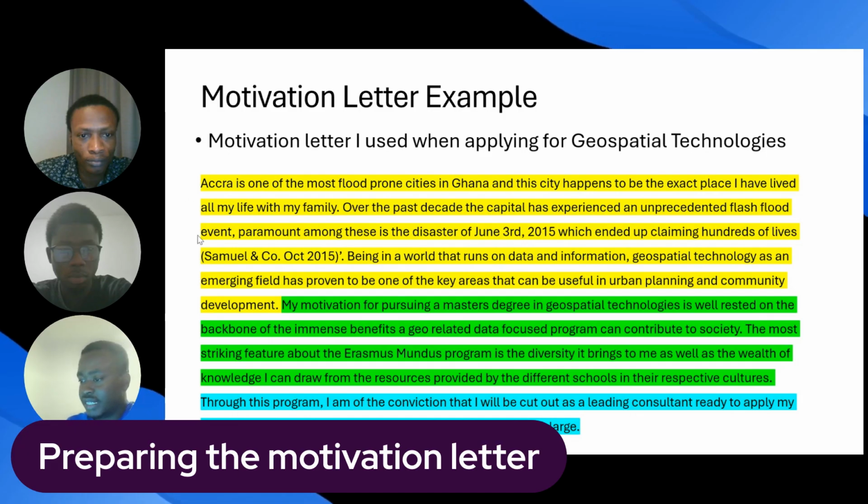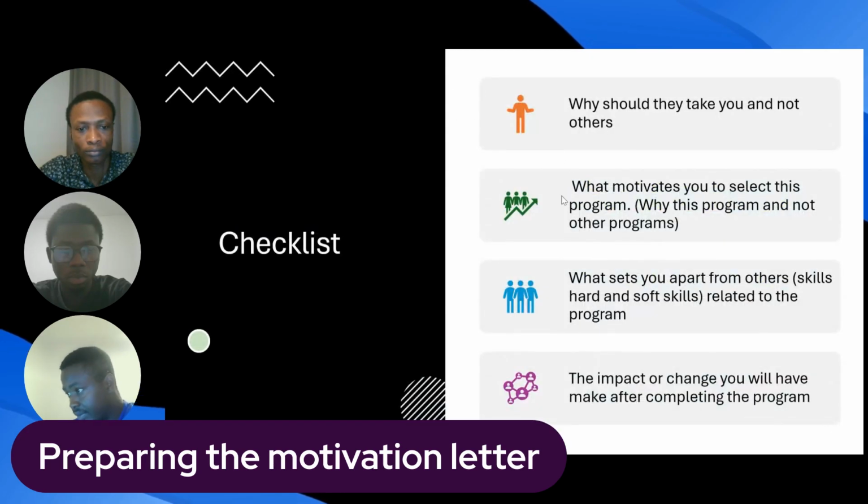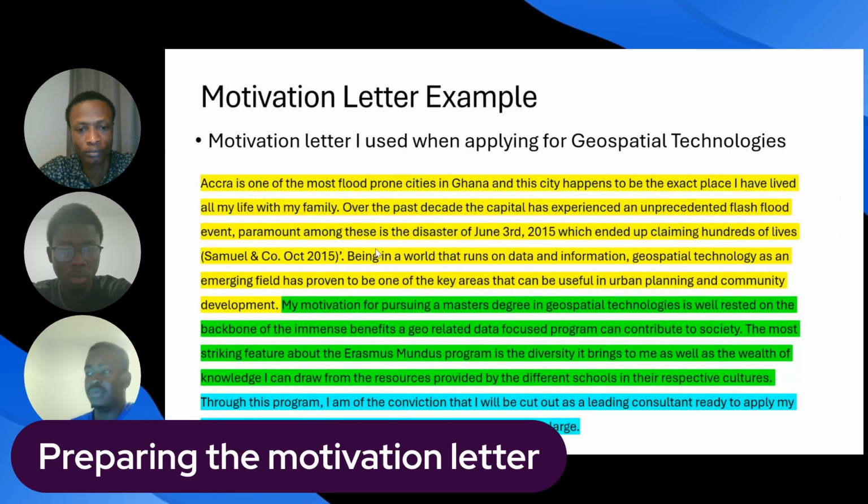So you see, I first stated the problem, that's Accra having the flood, and then stated that the program I want to apply to is going to solve this problem. So, what motivates you to select this program? Why this program and not other programs? So the reason why I'm selecting this program is that this program has proven to solve these challenges.